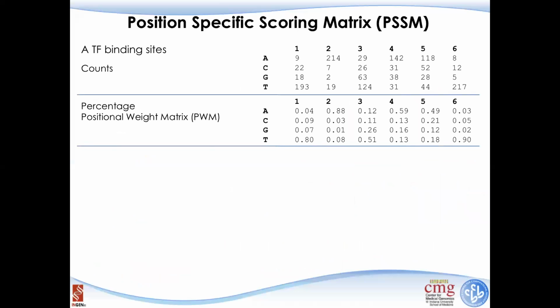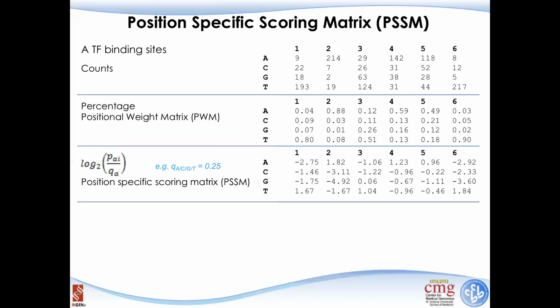In other words, we can go from the total count to the position weight matrix, and then to the score matrix, which we call the position specific scoring matrix, which is just the log2 of the position frequency divided by the random frequency. Here we assume A, C, G, T have the same random frequency, 0.25.